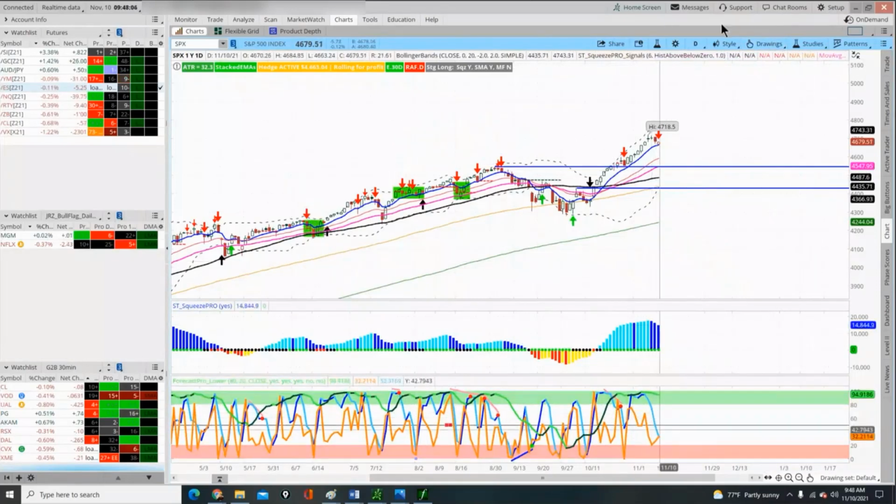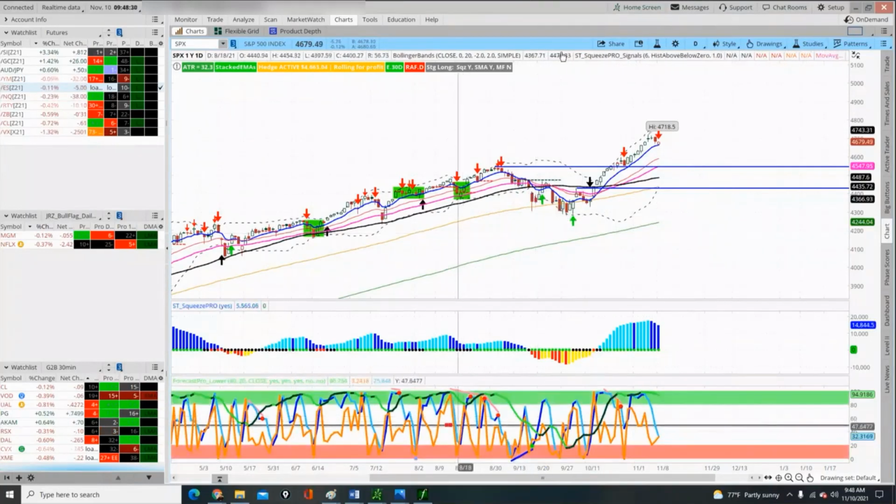So since the blue line is at the 50 and angled down, I'm looking for bullish trades to the upside. That's it. Now, most of the time that it does this, it bounces a little bit.